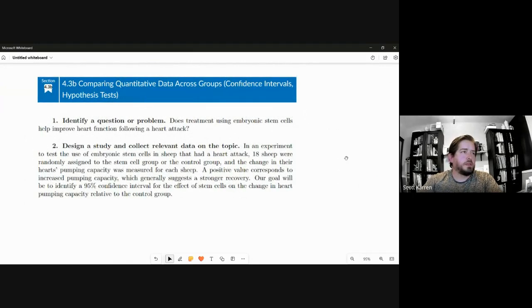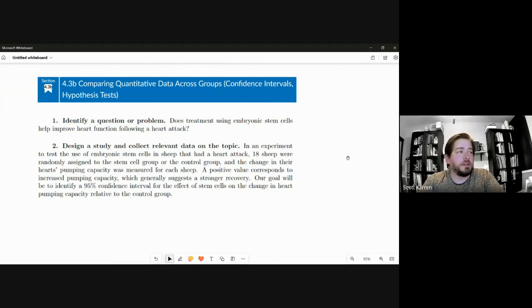All right, the question is, does treatment using embryonic stem cells help to improve heart function following a heart attack? Right, that's our question. That's what we're interested in. Design a study and collect relevant data on the topic.